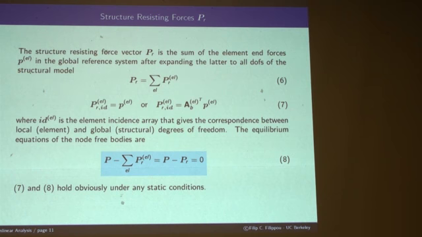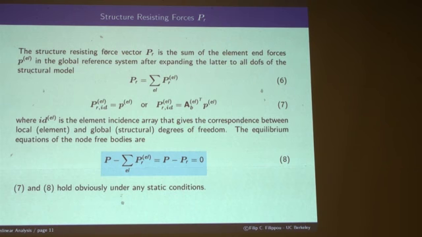Because the typical p, little p vector only has 6 degrees of freedom, so it has only 6 components. These 6 components go inside a structure that may have 3,000 force components, because it has 3,000 degrees of freedom. To do that, you need a so-called incidence array, you know that. And this incidence array maps the local degrees of freedom to the global degrees of freedom.